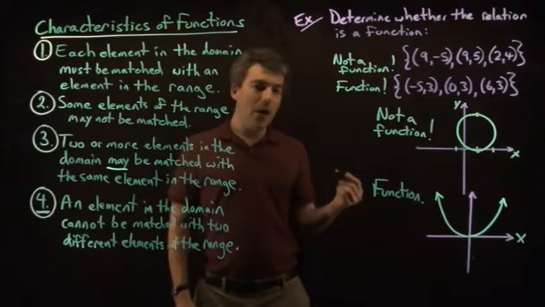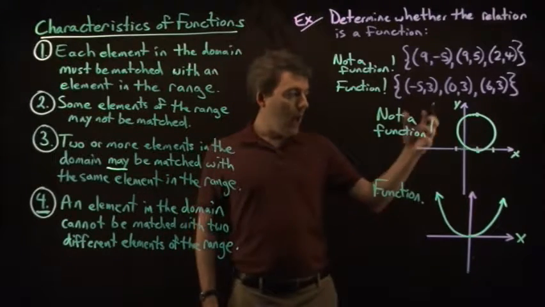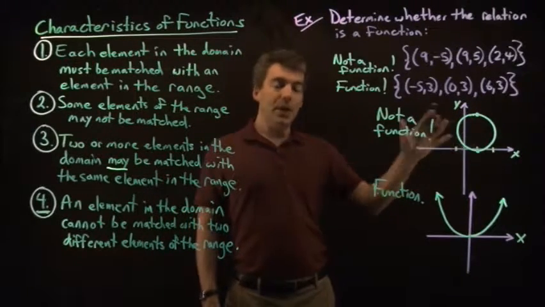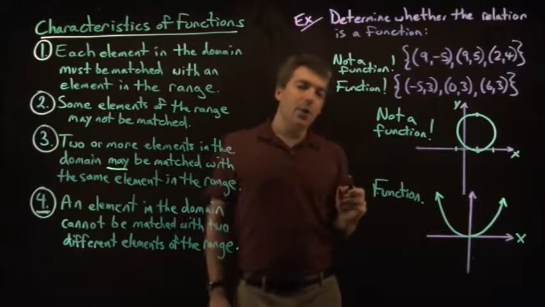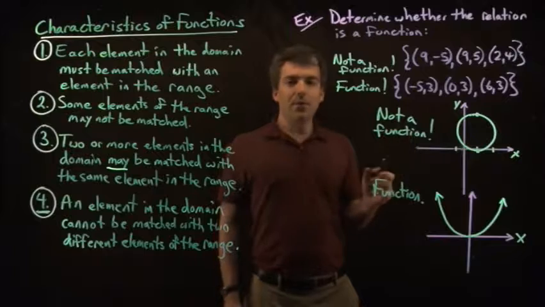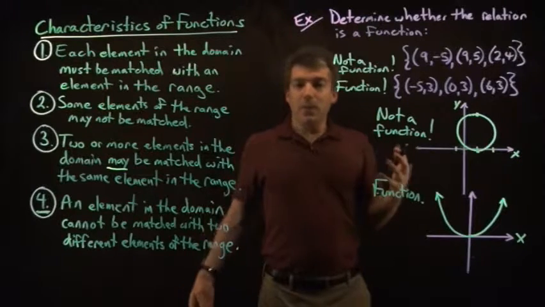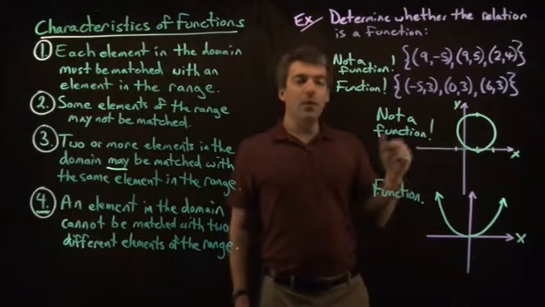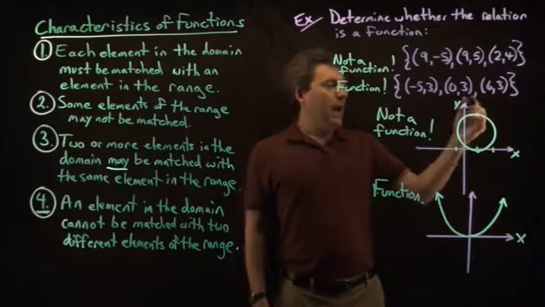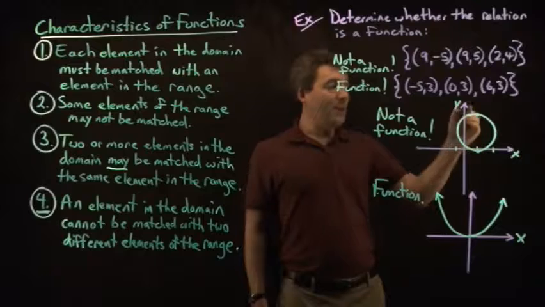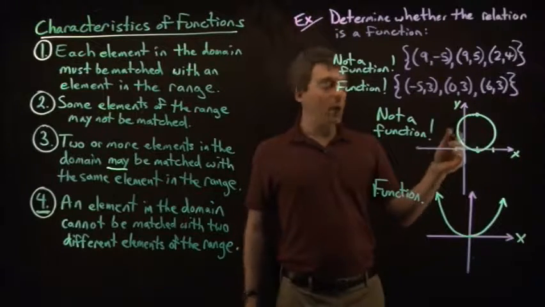Right, we can sum up a graphical test for a relation that we see on a coordinate plane, and that's called the vertical line test. So a relation that you see on a graph is a function if and only if it passes the vertical line test. No vertical line intersects the graph more than once. We can see with this circle that there are many ways you can draw vertical lines that intersect the curve more than once.